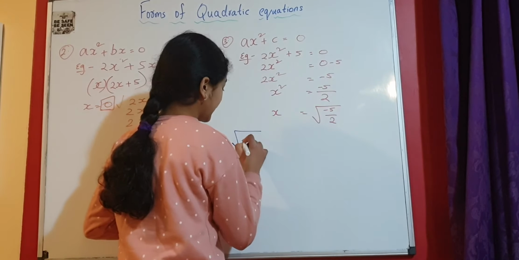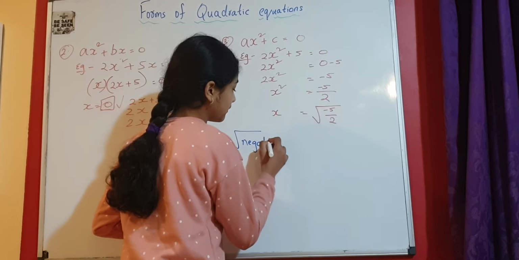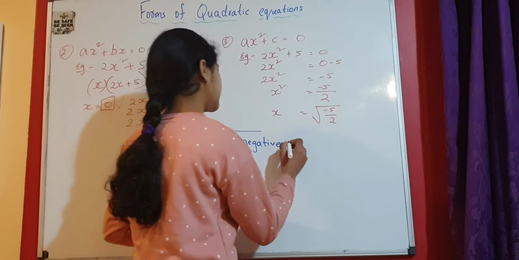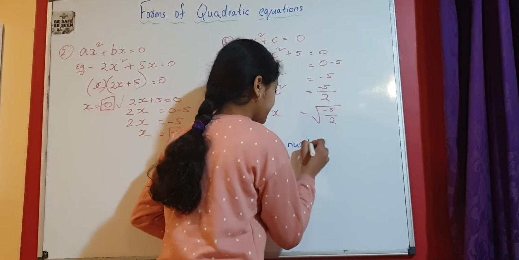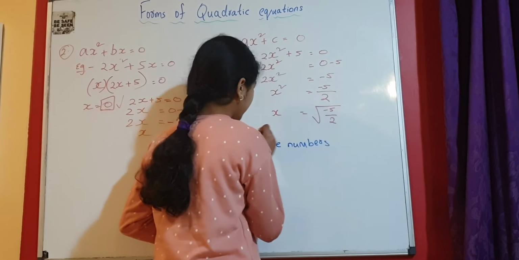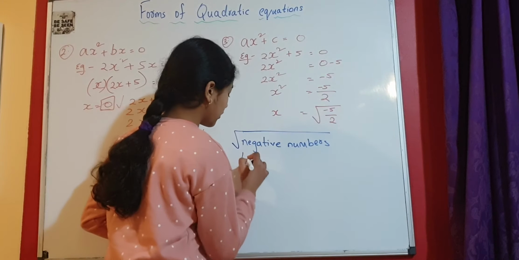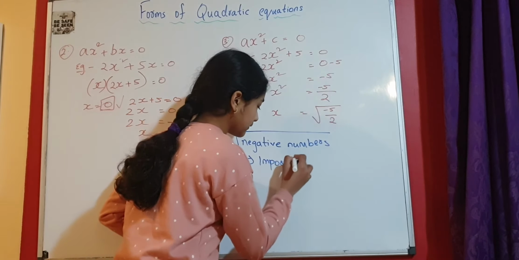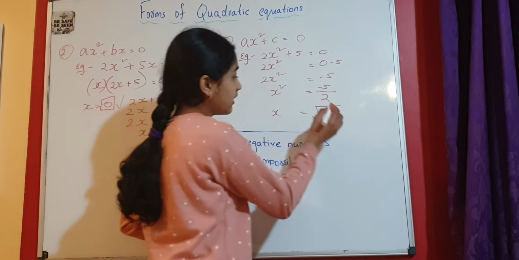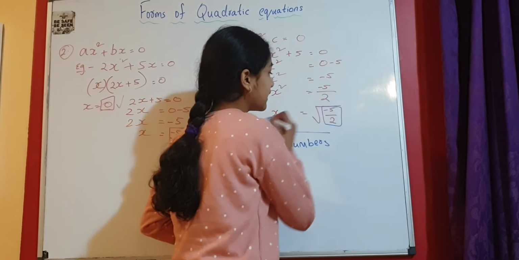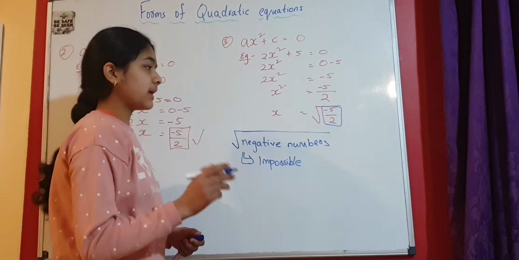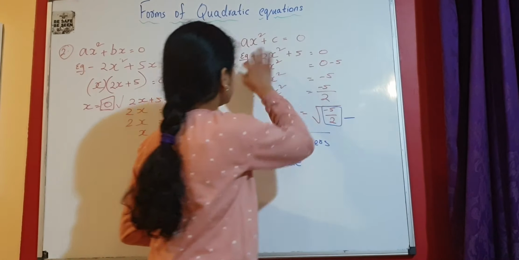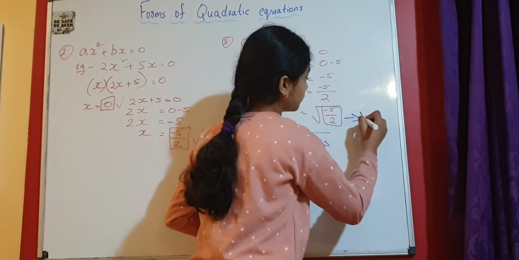Square root of a negative number, any negative number, it can be fractions, normal numbers, integers or anything, is always impossible to solve. So here you have minus 5 by 2, which is a negative number, and we got the square root of minus 5 by 2, so we can tell that this equation is impossible to solve.